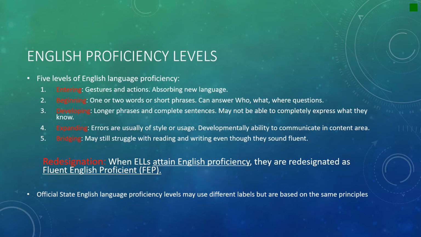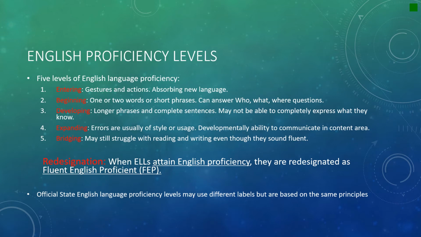Those come from WIDA, which you're going to learn more about later, so don't worry about that now. But there's also TESOL. Some states use TESOL instead of WIDA, and so their labels may be a little bit different. However, they also have 5 levels of English language proficiency, so they look pretty similar. So don't worry if you end up in a state that's not using WIDA, you'll be able to pick up on the different levels quickly as well.